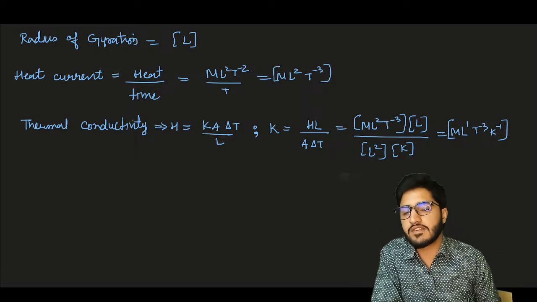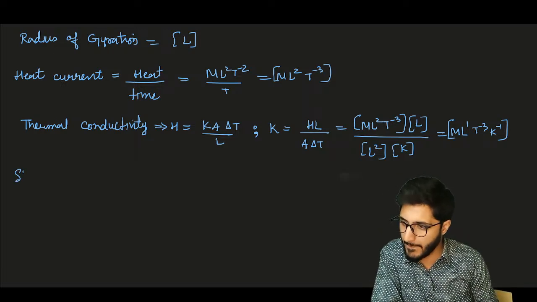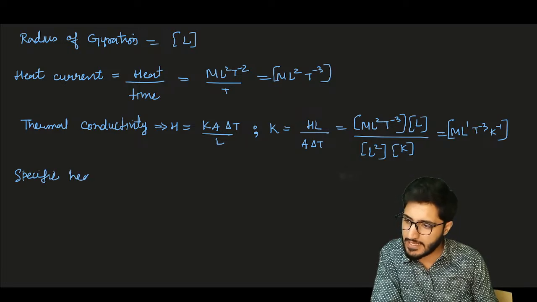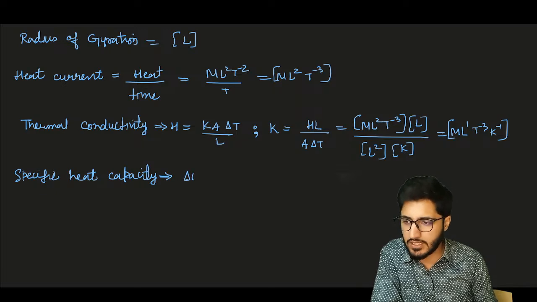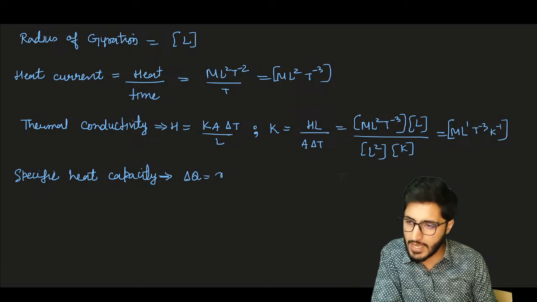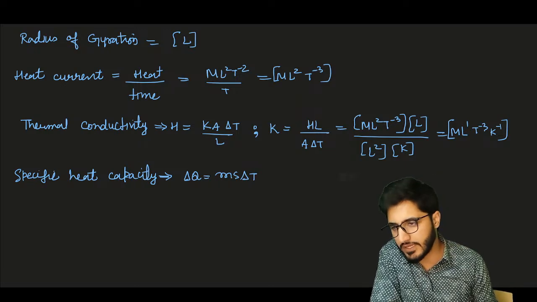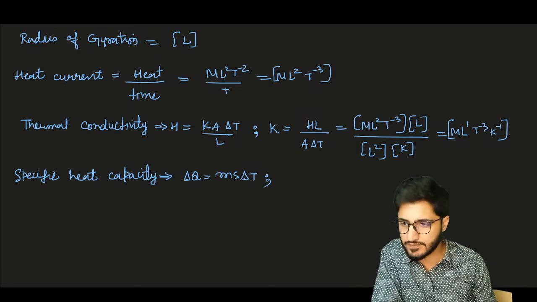We are having specific heat capacity. It is delta Q equals m s delta T. So what would be the dimensional formula of S?